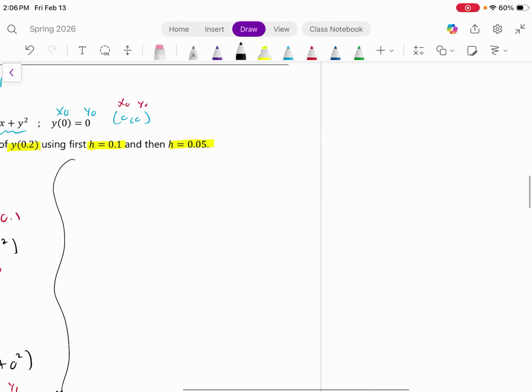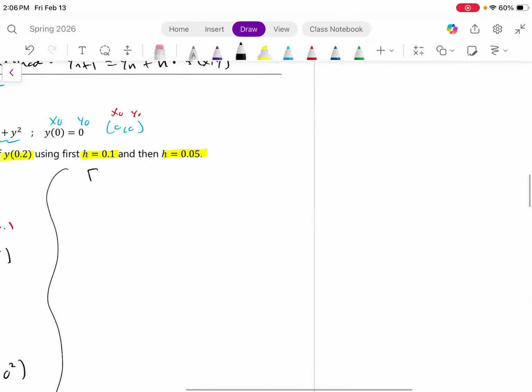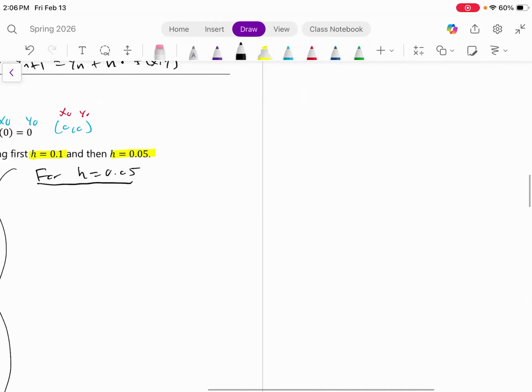Okay, so now for the step size 0.05, our setup would be y sub n plus 1 equals y sub n plus now 0.05 times x sub n plus y sub n squared. Okay, we're using the same initial conditions from up above, 0, 0.